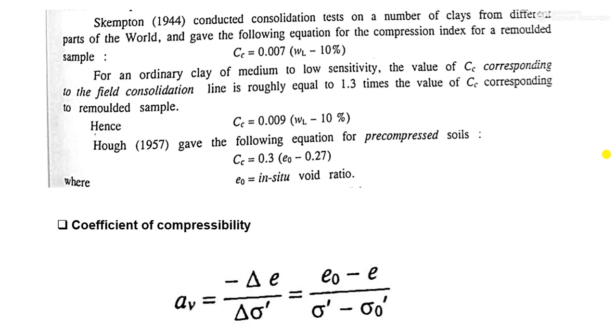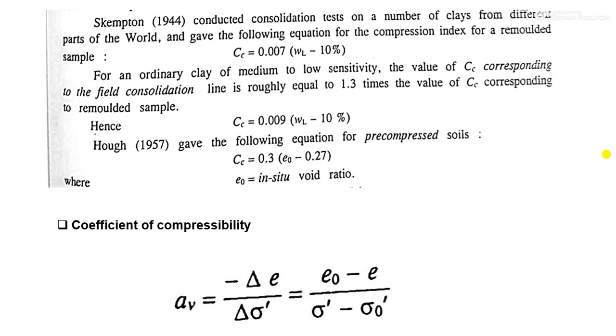Hough in 1957 gave the following equation for pre-compressed soil. There is one term, pre-compressed, that will come up, along with normally consolidated, normally compressed, over-consolidated, and over-compressed. Such terms will come.